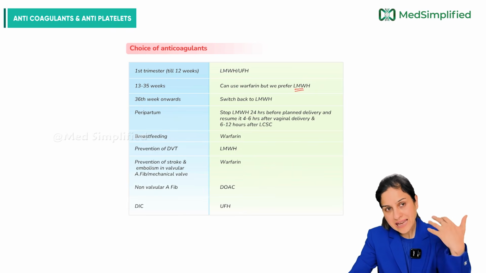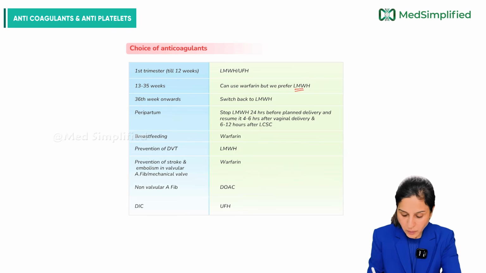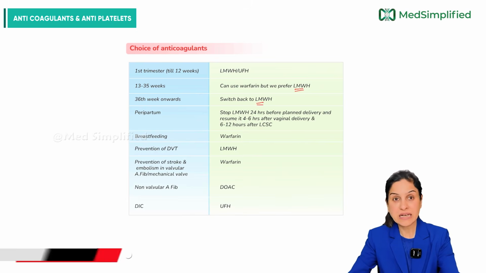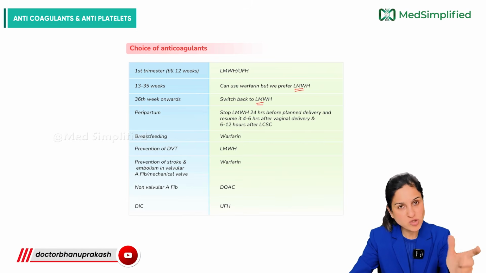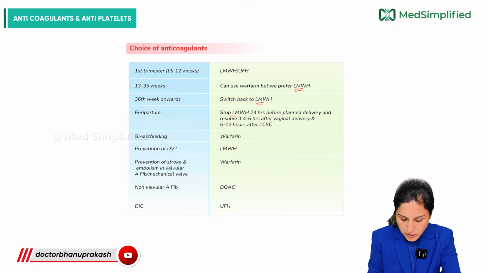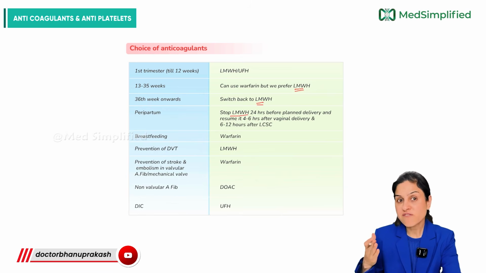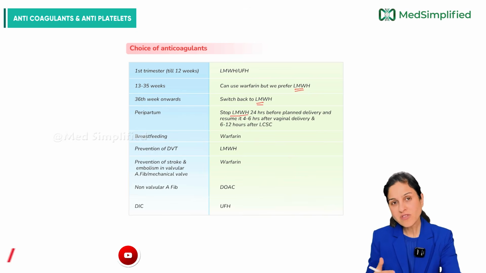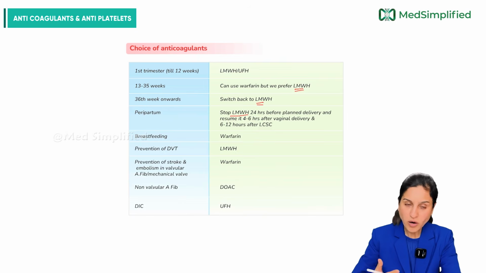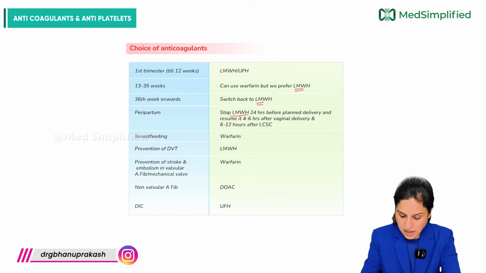Then from 36 weeks onwards, in case warfarin was given in between, we switch to low molecular weight heparin. Peripartum, stop the low molecular weight heparin 24 hours before delivery, and resume it 4 to 6 hours after normal delivery, or 6 to 12 hours after lower segment cesarean section.